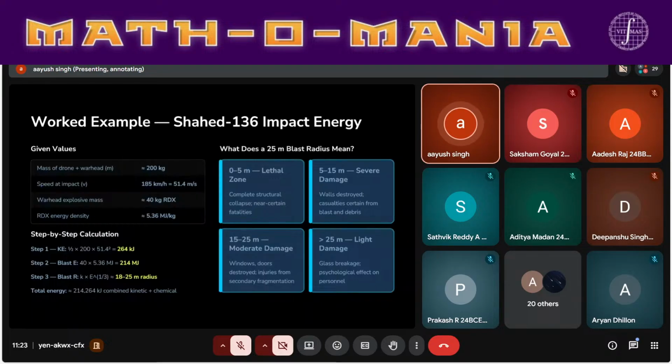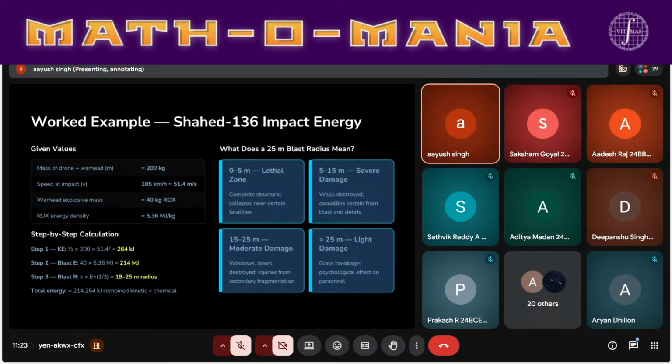The energy density of RDX, which we already know, is around 5.36 megajoules, which is 10 raised to 6 joules per kg. So first of all, we calculate the kinetic energy, which we get as 264 kilojoules. Then we calculate the blast energy, which is essentially the multiplication between warhead explosive mass and RDX energy density, which we get as 214 megajoules.